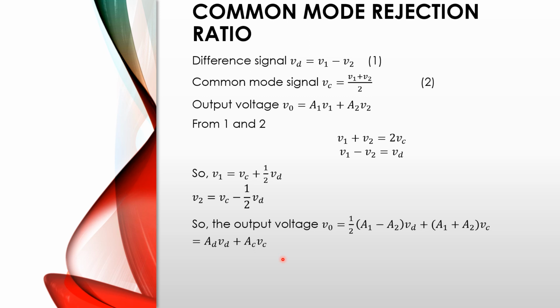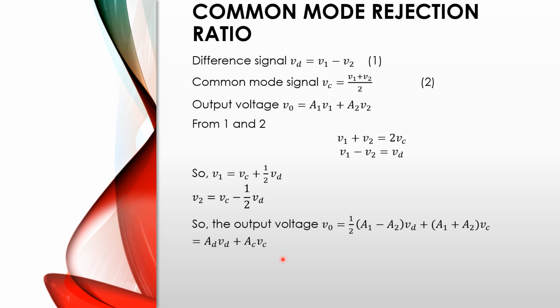Here we put that Ad is (A1 minus A2) divided by 2, and Ac is (A1 plus A2) divided by 2. So what do we get? We get V0 equal to AdVd plus AcVc.